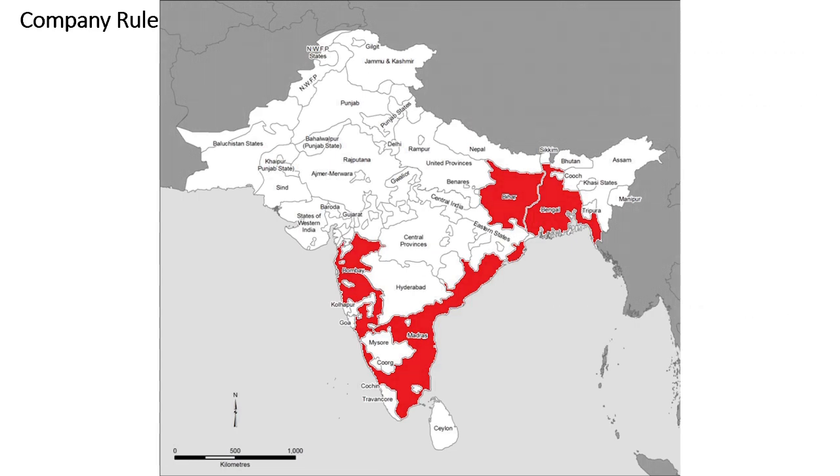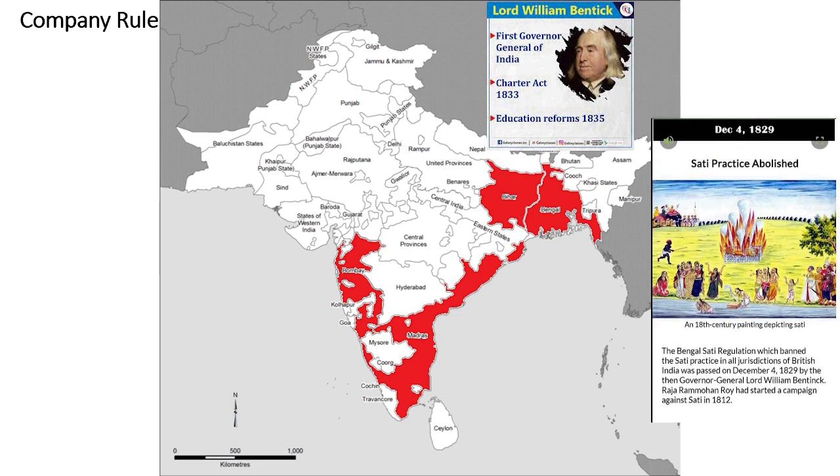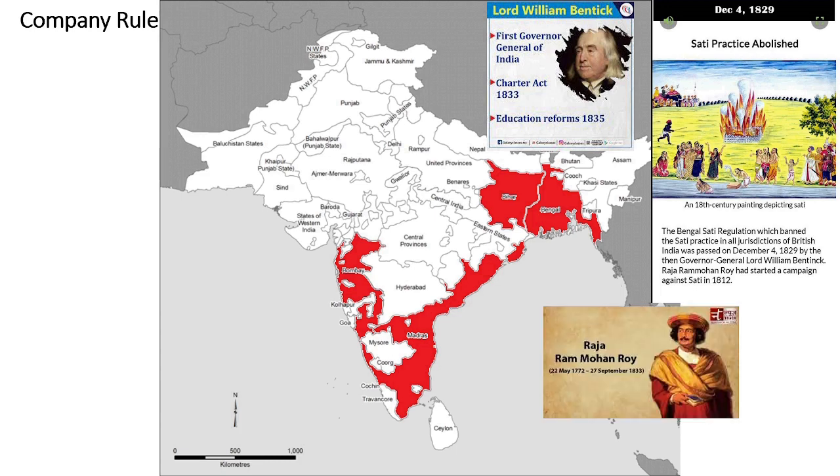At that time, the East India Company was ruling most of India directly or indirectly. Then William Bentinck was appointed as the first Governor General of India, and he was the person who abolished sati, practiced in Bengal, in 1829 with the advice of Raja Ram Mohan Roy.